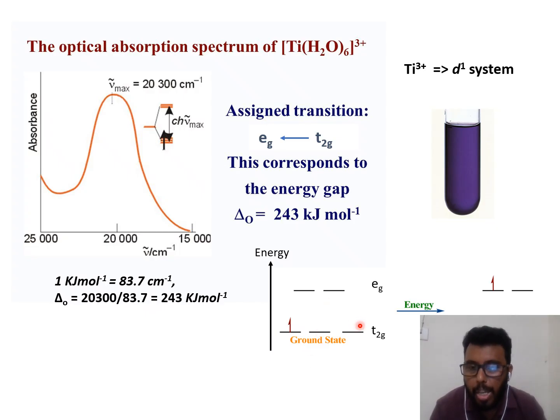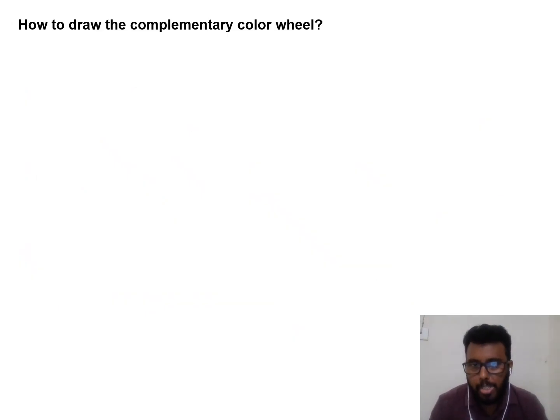This is also a high spin complex because one electron is present, so it can easily move, since the crystal field splitting energy difference delta O is a very small gap. The electron from T2g can easily jump to the Eg level. Due to this d-d transition, it emits violet color. Okay, so d1 to d10 transitions you will also learn.